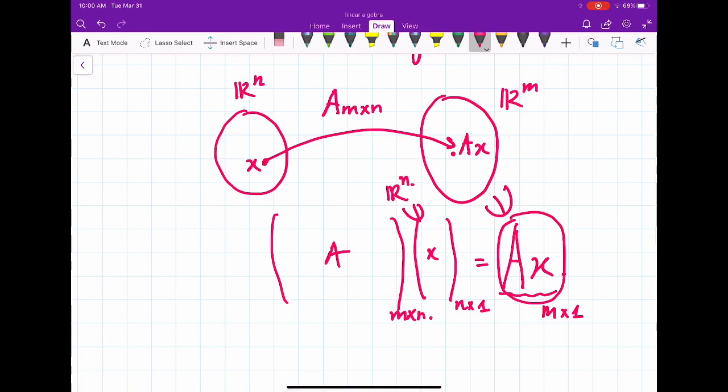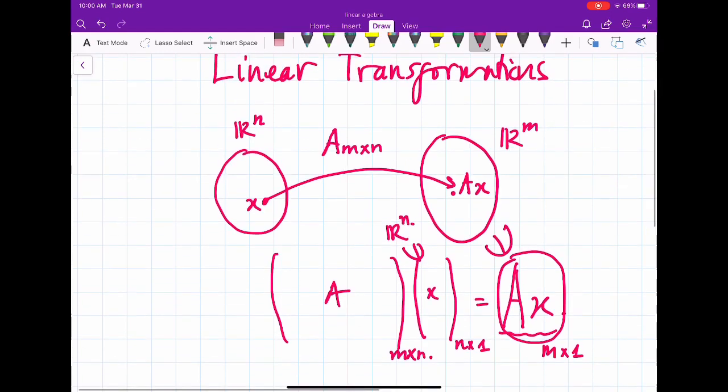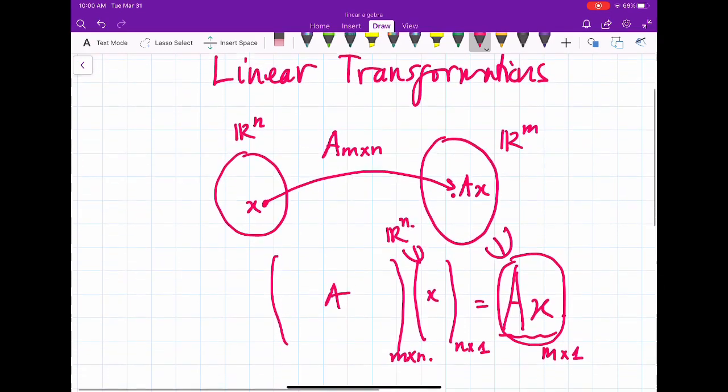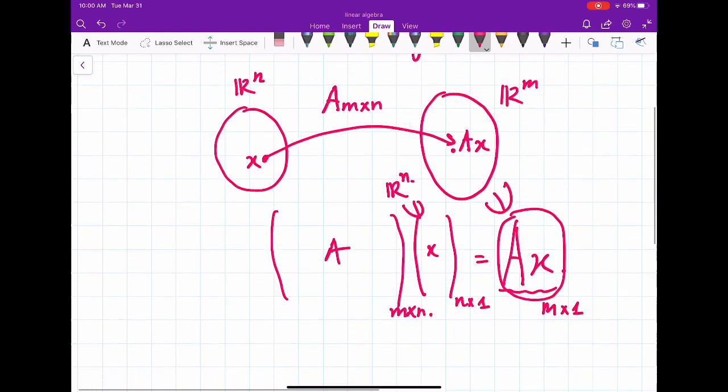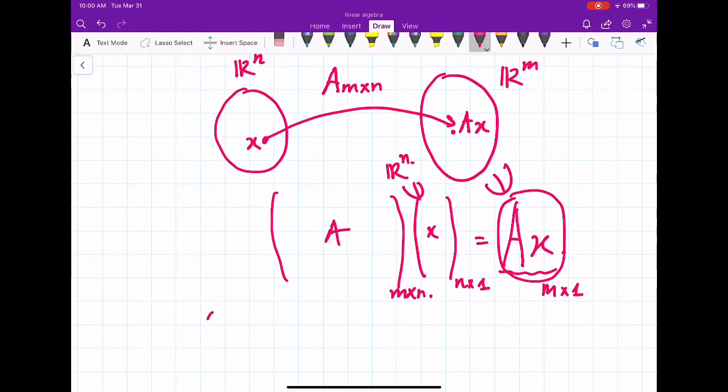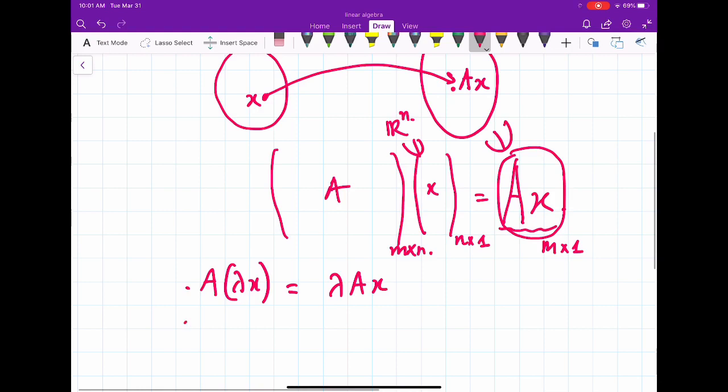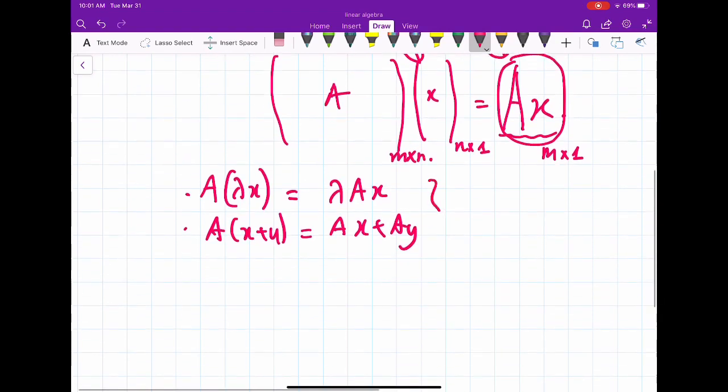So look at this. We may consider A as a map from Rn to Rm. Make sense? And of course, this map is linear. Why? This map is linear because A(lambda x) is equal to lambda Ax, and A(x plus y) is equal to Ax plus Ay. We have these two properties because of matrix multiplication, right?